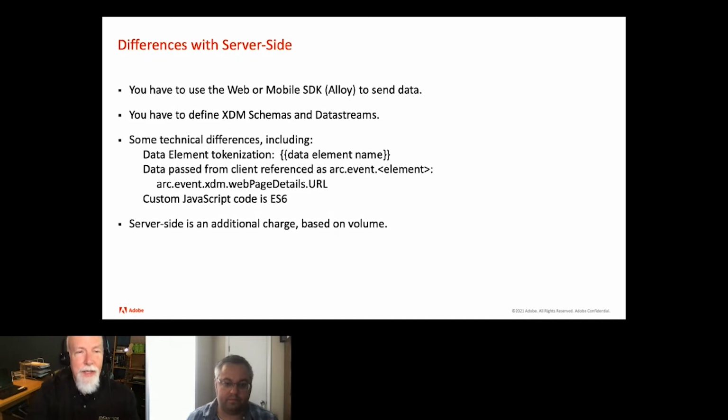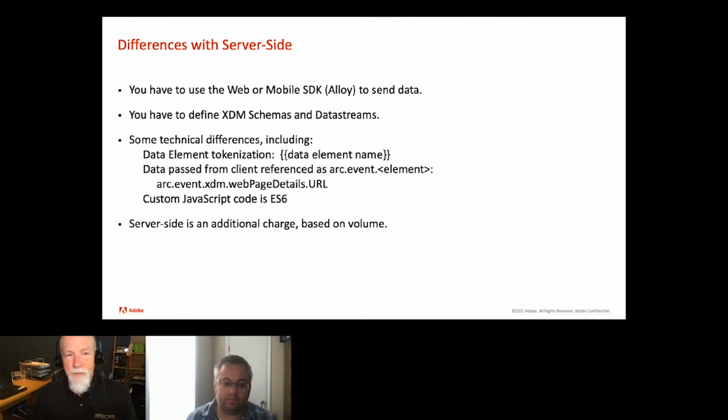You have to define XDM schemas, which is basically, again, a structured way of defining your data layer. XDM is a multi-hour session all itself, so I'm not going to dive into that. And then what are now called data streams, which kind of says, when I send this data up there, where does it go? And in the case of server-side Launch, it's like, which Launch property do I want this data to go to when it comes in?